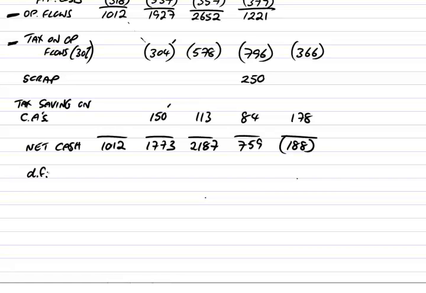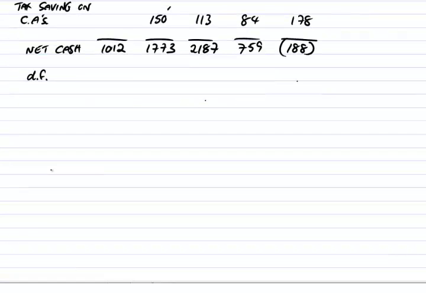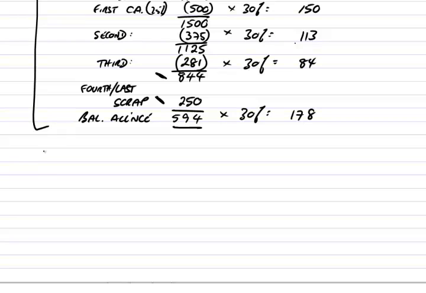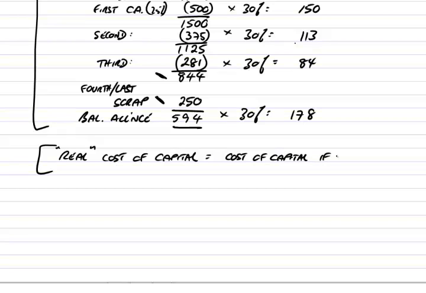And we do want to discount at the weighted average cost of capital, but remember the real cost of capital, there's no need to write this in the exam, that's what the cost of capital would be if there was no inflation.